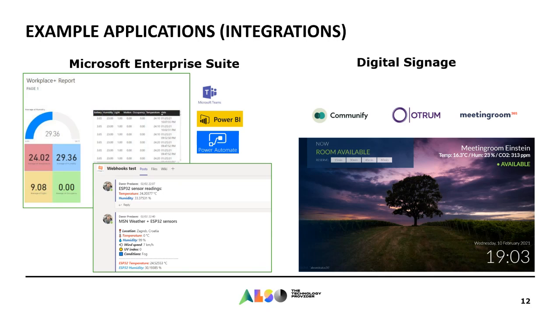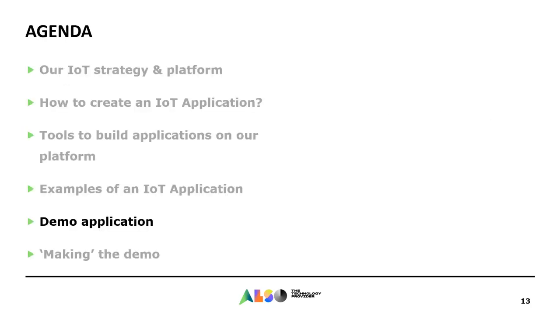We are using the webhooks of those applications, or using our APIs or MQTT. Like I said before, we can use API, MQTT, or webhooks to build a third-party application.